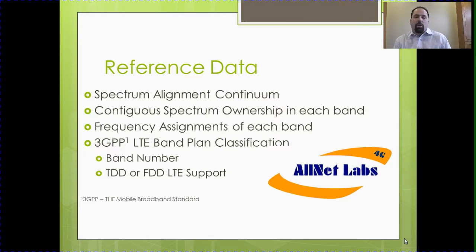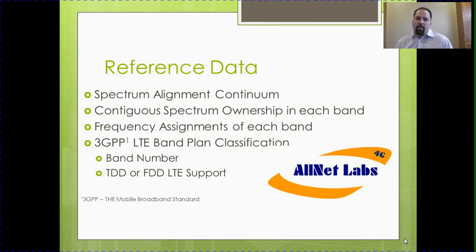I also have included these frequency assignments for each of those channels, so you can see the start and the stop and the megahertz width of each of the channels of spectrum. And then along the very top of the spreadsheet, we have the 3GPP LTE band classes, so you can determine whether it's an FDD or TDD type block of spectrum, which helps you understand some of the regulatory time to market type challenges.